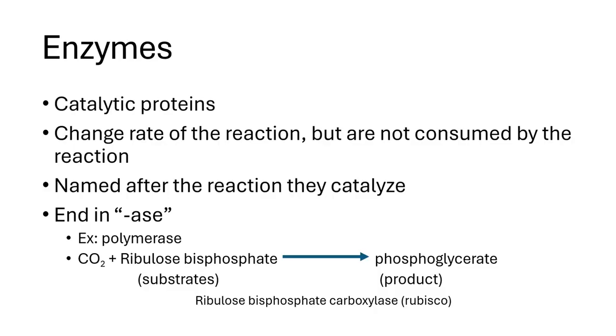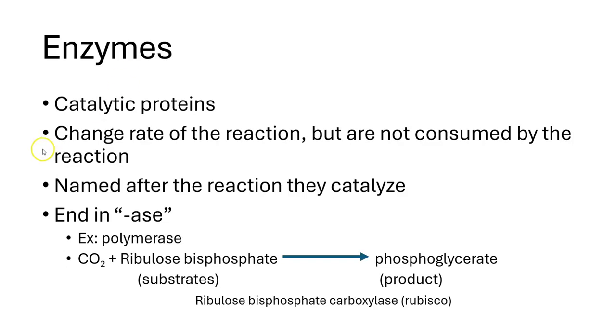So sucrase helps to break down sugar, which is sucrose. So sucrase works on sucrose. And if you'll notice, there's this ASE ending to our enzyme. So that's one way that you can recognize enzymes is by that ASE ending.